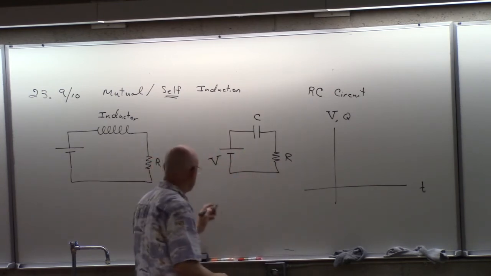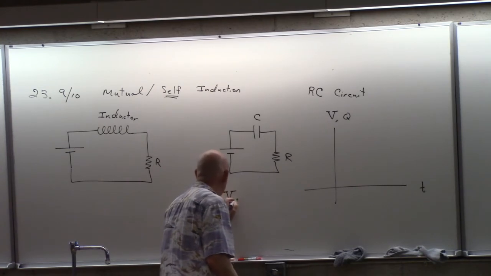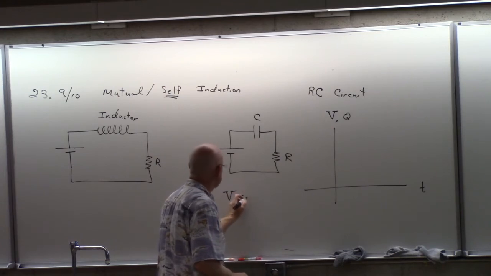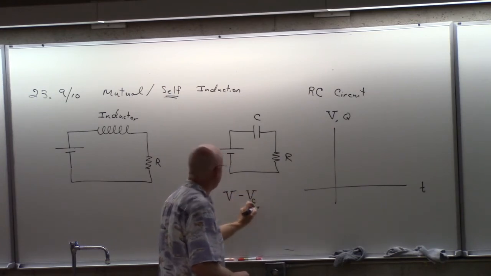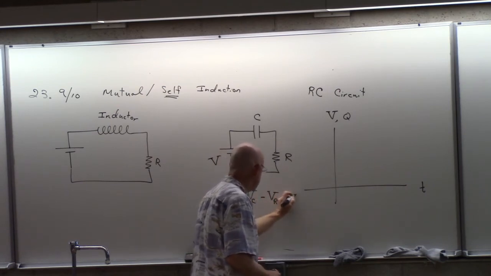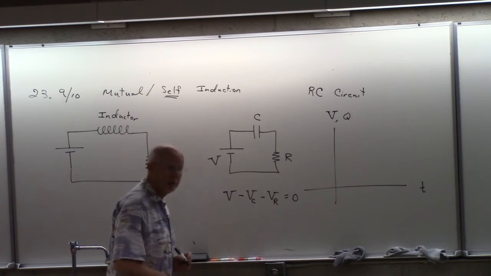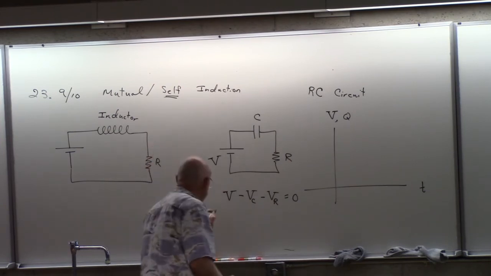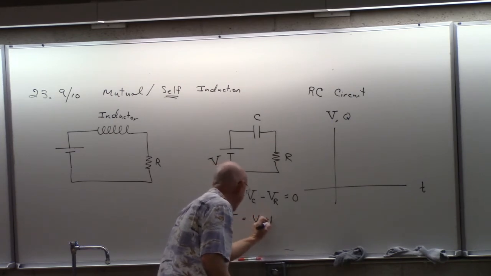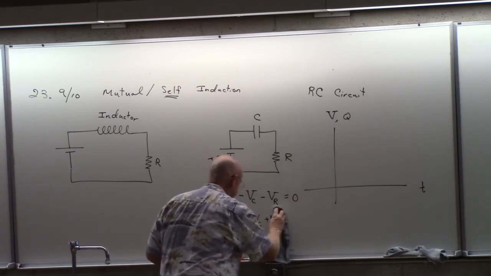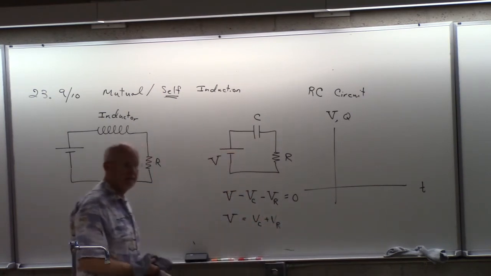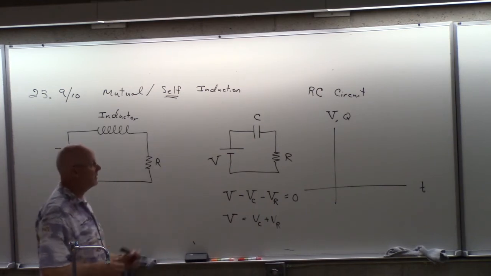That is, if you take the voltage from your battery, subtract the voltage from the capacitor, subtract the voltage from the resistor, you would complete a loop that would be equal to 0. Or put another way, the total voltage of the capacitor and the resistor would equal the battery. And so we said something like this.